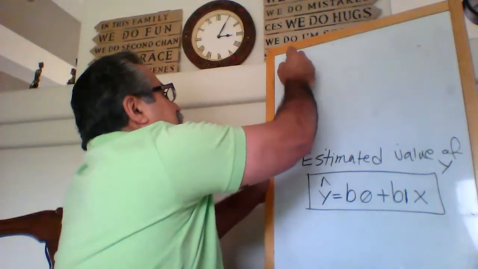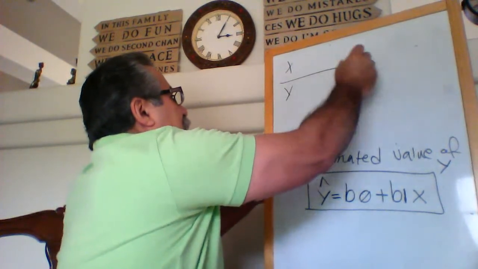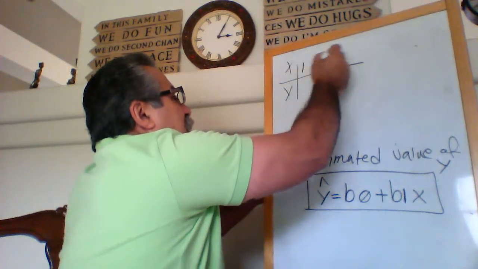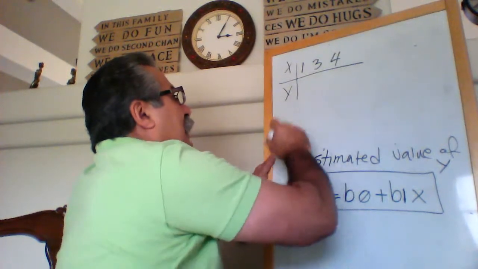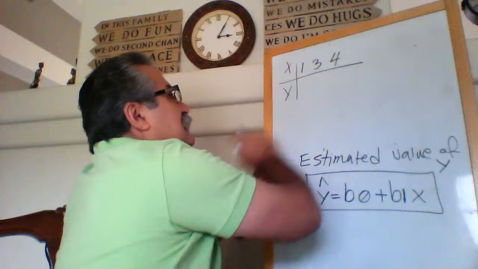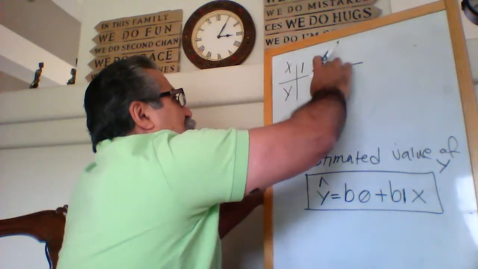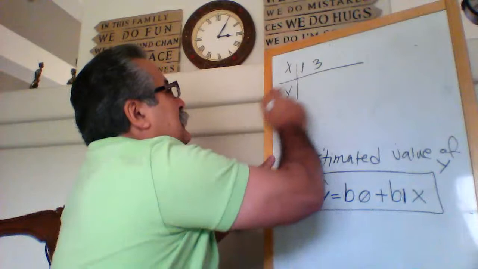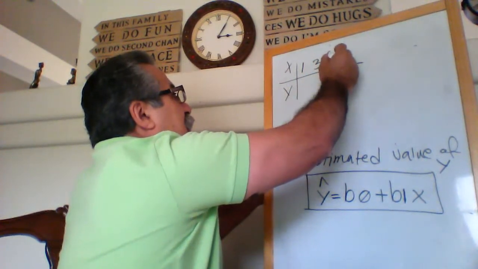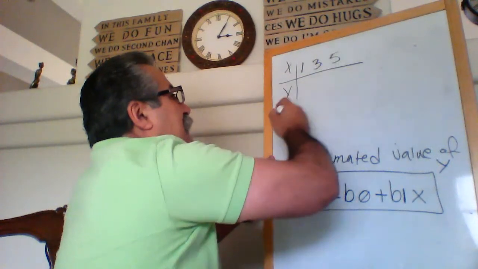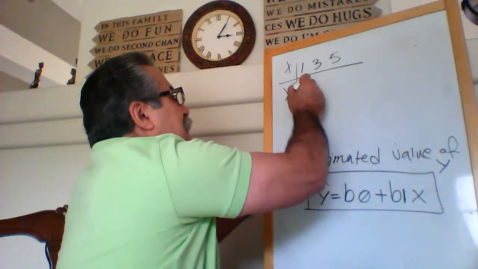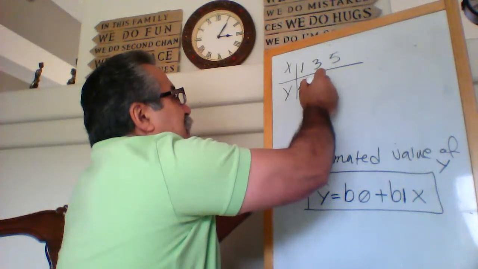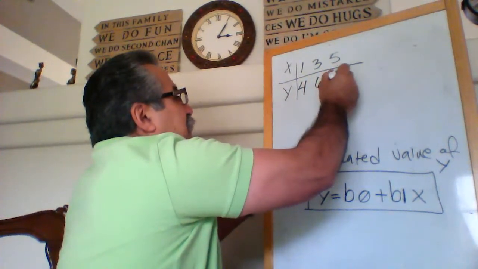So let's say that we have x and y. Let's say that x is 1, 3, and 5, and y is 4, 6, and 5.